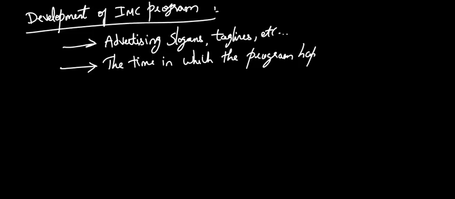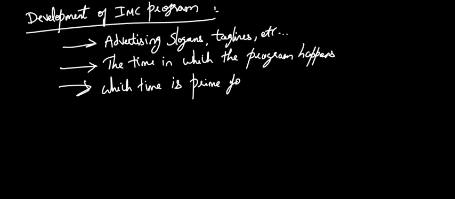For example, when you are going to do it on TV or between some programs on TV, you have to analyze and decide which time is prime for advertisements, because it depends on people.